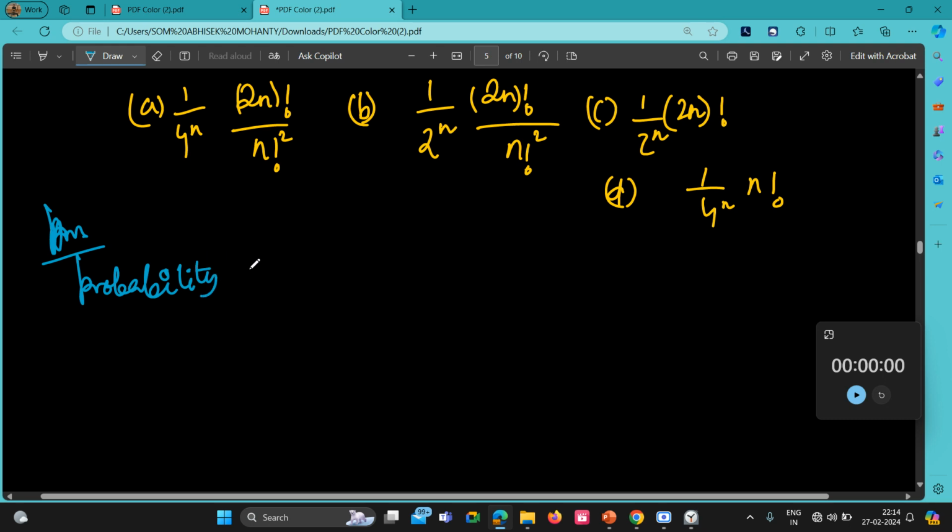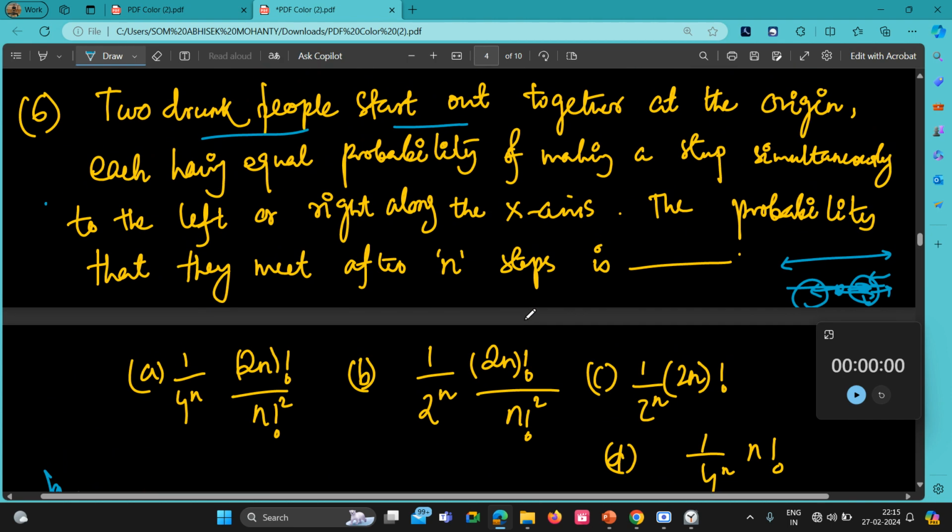Because they can take r steps out of n steps. So the probability of taking r steps out of n steps, where N is the total number of steps, since the question says after n steps. So suppose there are total N steps, to the left and to the right.